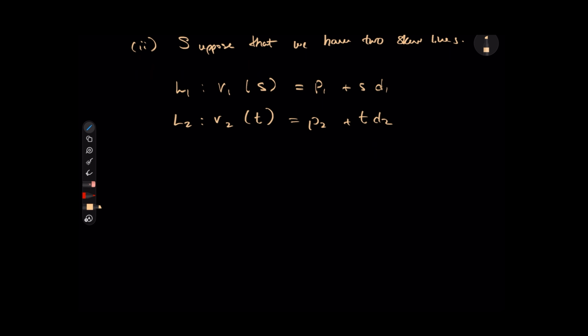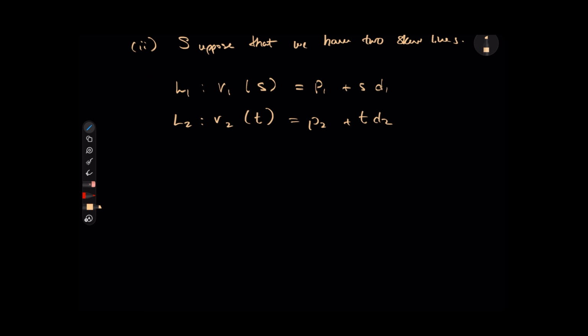So what does the shortest distance between these two lines actually mean? The shortest distance between two skew lines is the length of the common perpendicular segment.